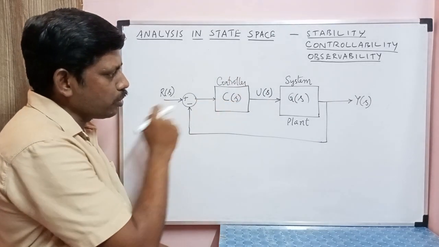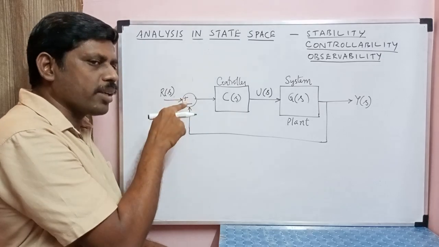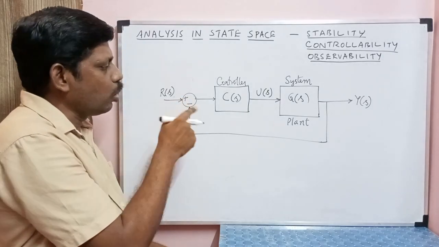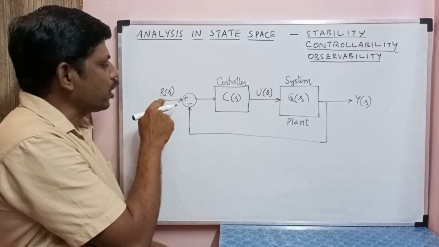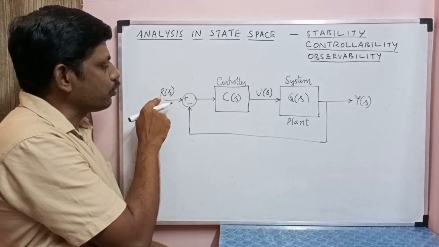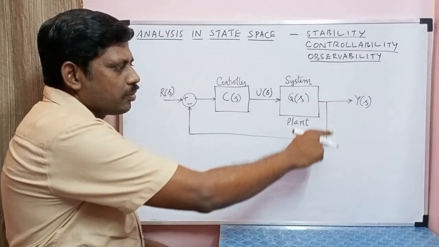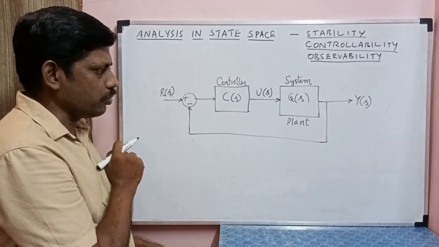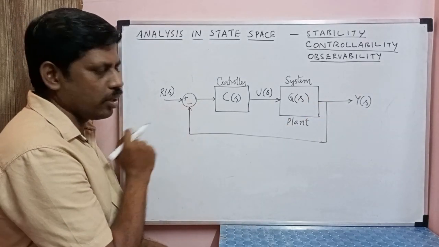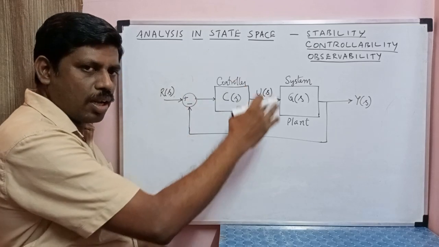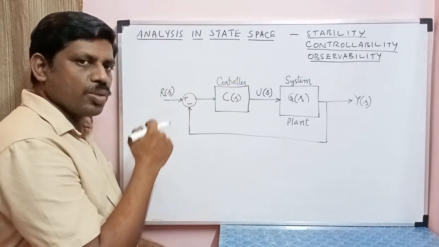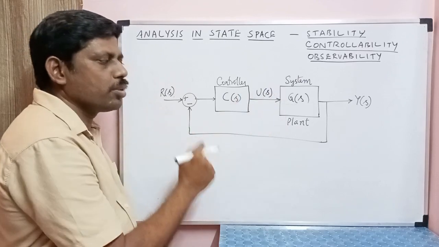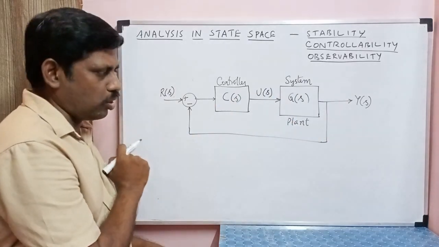The controller has to act on some input, which I derive through an error signal obtained from the difference of the reference input and the feedback from this y(s) or y(t). So this is how a controller is built into the system to have some control over this output.